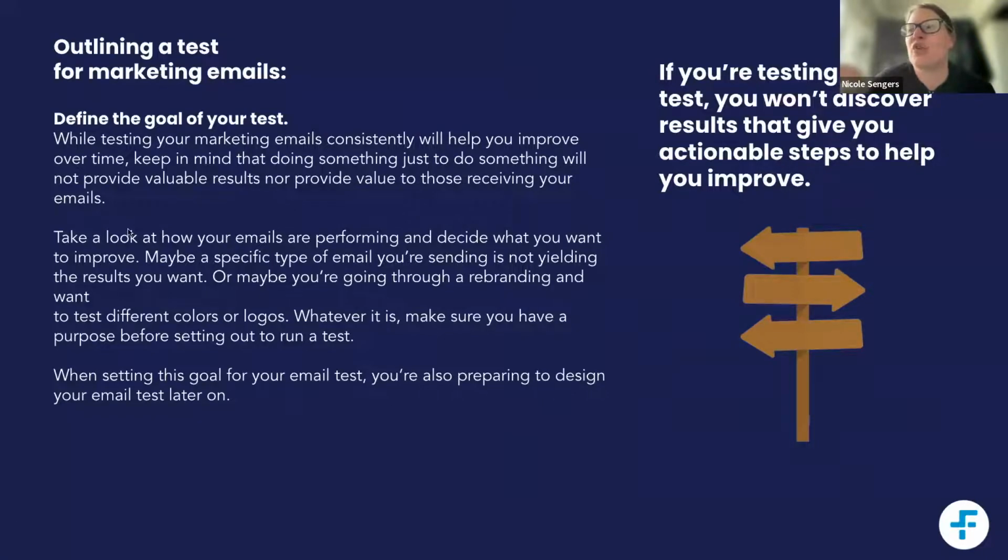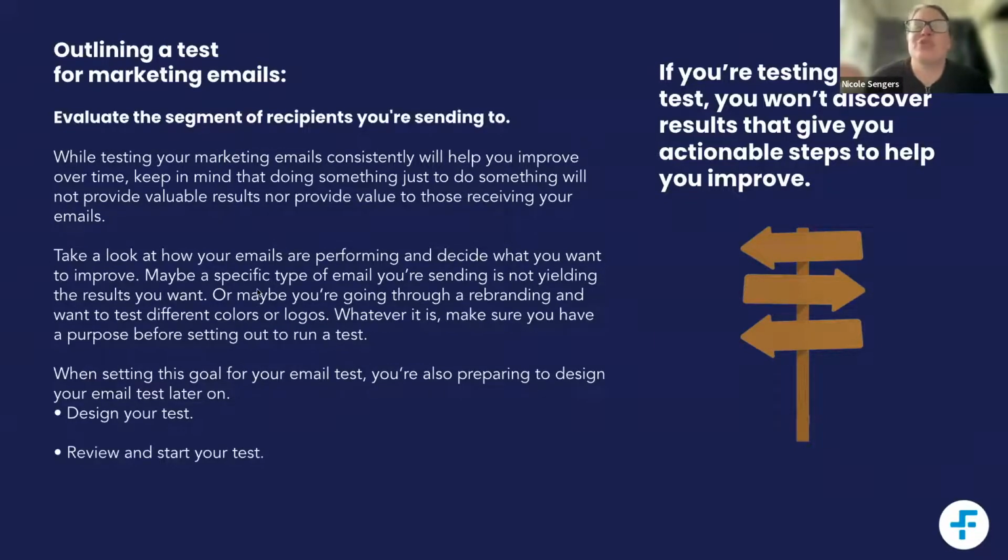When you set the goal for your team, for your test, your email test, you're preparing to design a test that can be statistically significant. You don't want to be testing things that are insignificant, like whether a 550 pixel image is better than a 600 pixel width image. That would be a ridiculous waste of your ability to test and of your time.